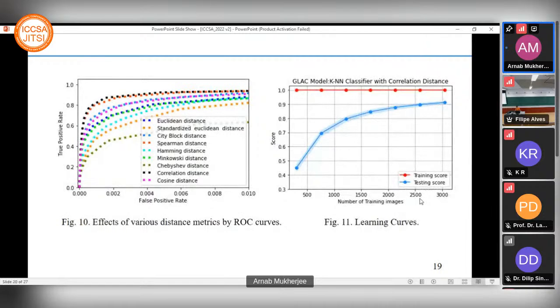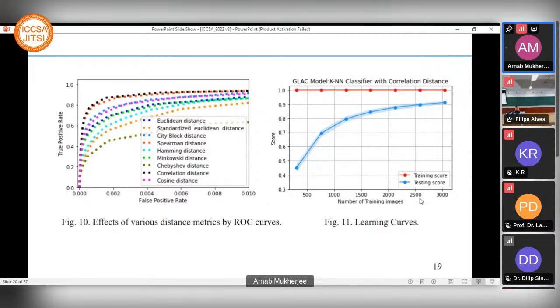Then we plot figure 11, the learning curve with correlation distance using the gradient feature descriptor. The boldface line for the test score refers to the mean score, and the shaded area around the curve represents the range of standard deviation. The blue and red colors represent the training score and test score.